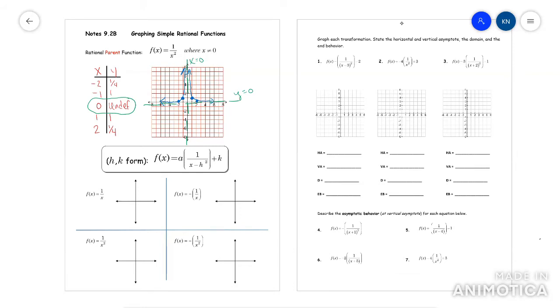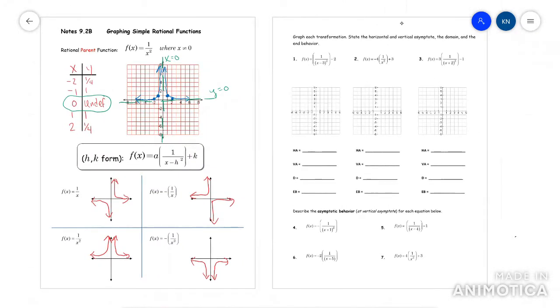So 1 over x would look like this. -1 over x flips it, so it looks like this. 1 over x squared looks like this. And -1 over x squared would look like this. So that's pretty important to know right there.